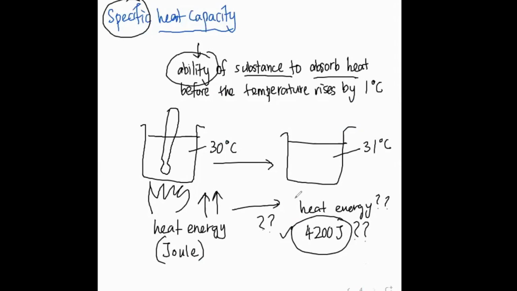So that is the second characteristic of water. It has a high specific heat capacity. The ability of the water to hold the heat before the temperature rises by 1 degree Celsius is called specific heat capacity.